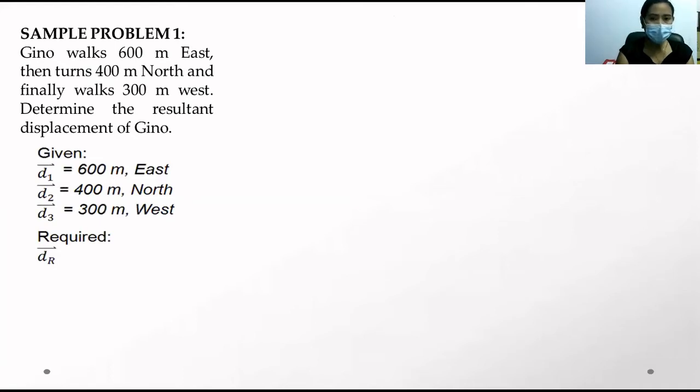Before doing any calculations or solving any problem in this particular topic, always begin by identifying what are given and required in the problem. So, if you have noticed, our displacements are denoted by letter D with an arrow on top to denote that these are vector quantities.